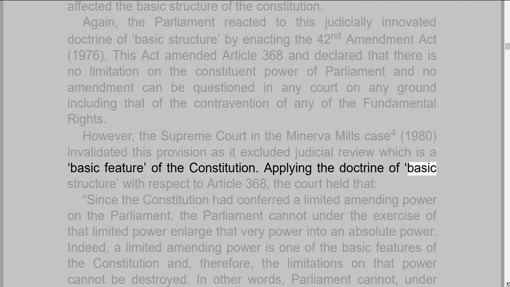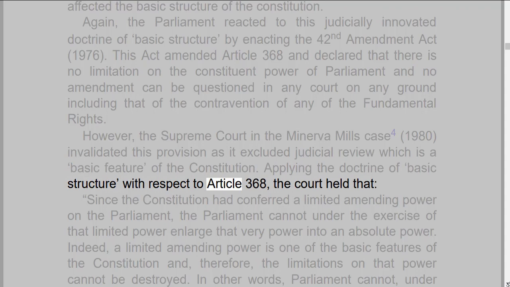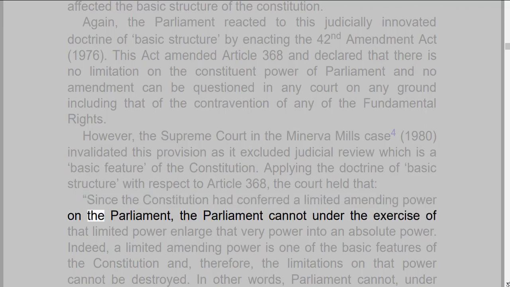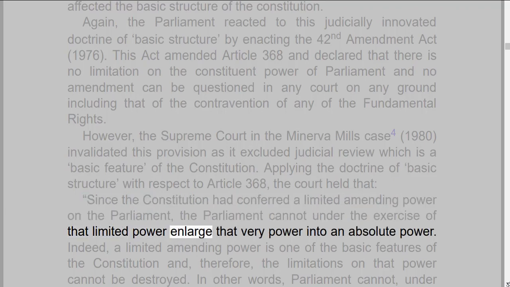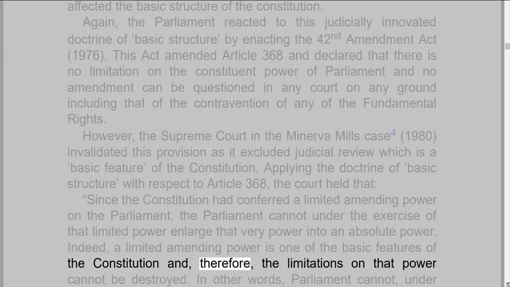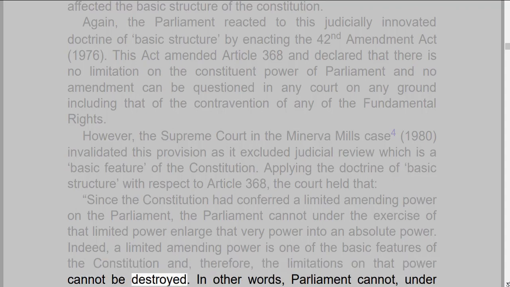Applying the doctrine of basic structure, with respect to Article 368, the court held that since the Constitution had conferred a limited amending power on the Parliament, it cannot, under the exercise of that limited power, enlarge that very power into an absolute power. Indeed, a limited amending power is one of the basic features of the Constitution, and, therefore, the limitations on that power cannot be destroyed.